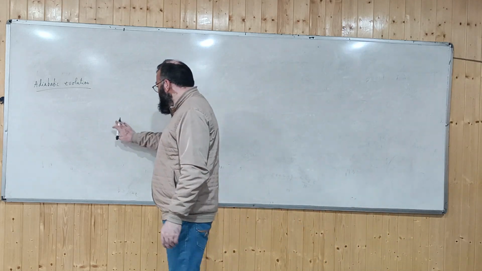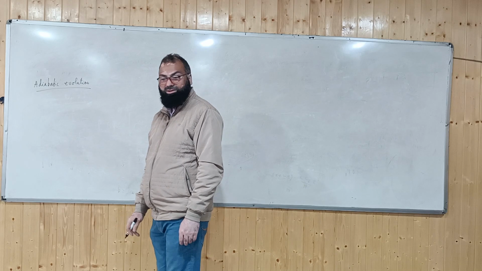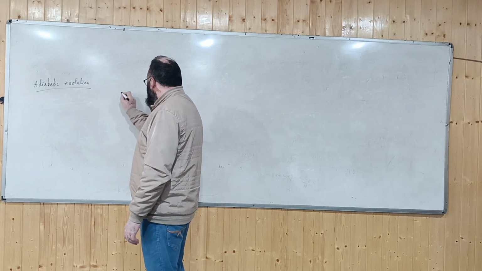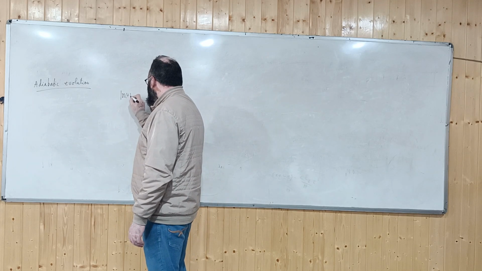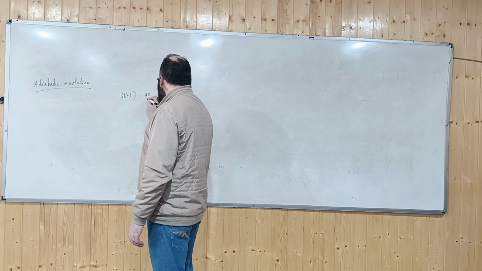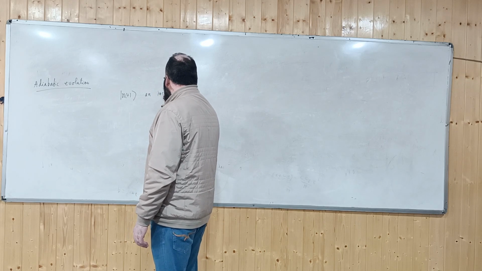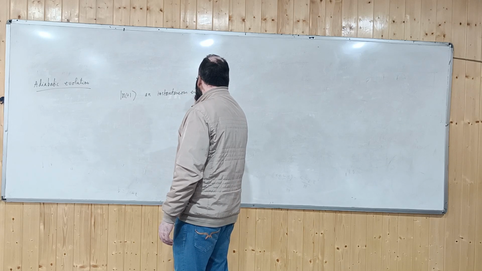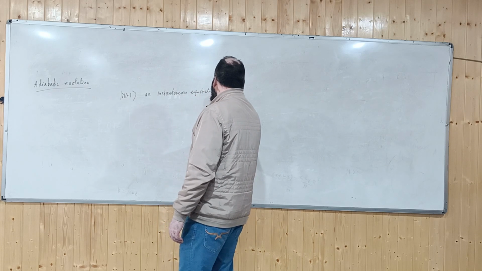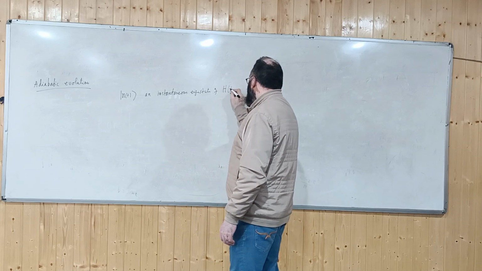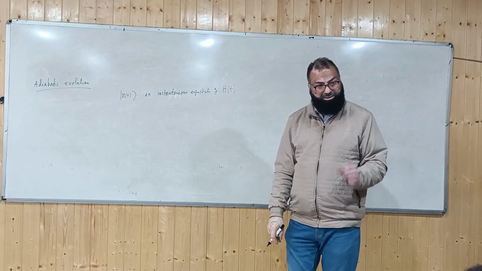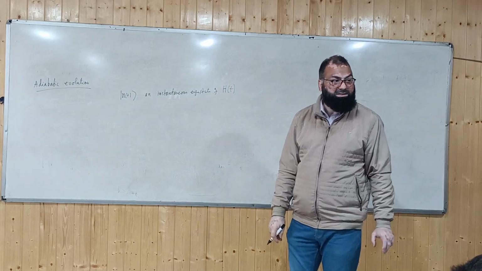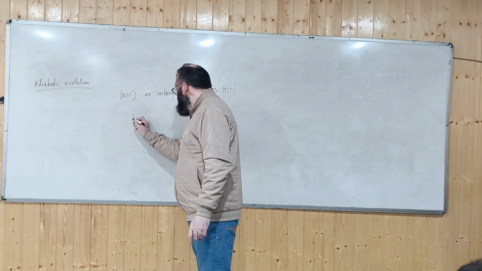So let's consider an instantaneous eigenstate of our Hamiltonian. Let me consider |n(t)⟩ an instantaneous eigenstate of H(t). So that means at a particular time, this |n(t)⟩ is the eigenstate of our Hamiltonian.